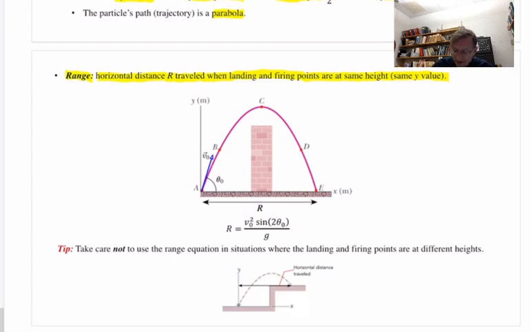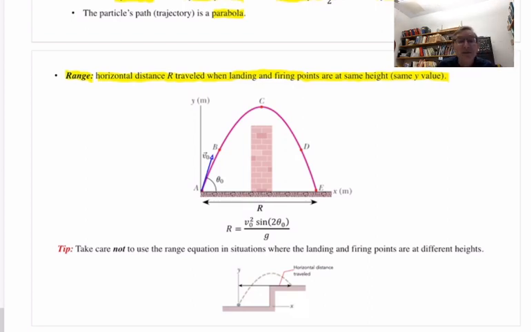And that initial velocity is at a firing angle theta initial. And then you see the red curve is the parabolic trajectory, and this projectile happens to be going up and over a brick wall. And so it was fired at point A, it goes up through point B, point C is its highest point, it comes down to point D, and it lands back on the ground at point E.